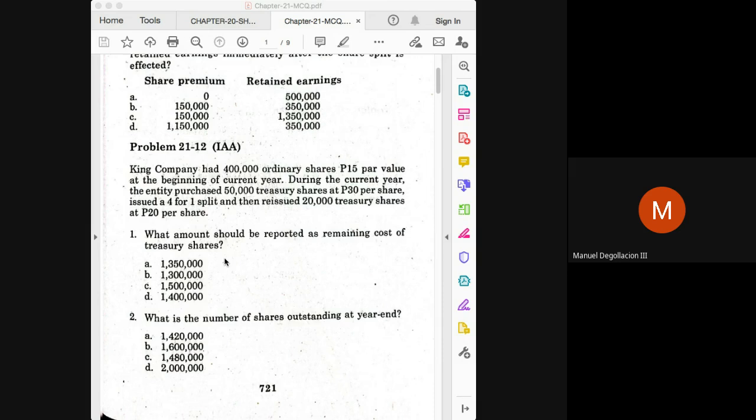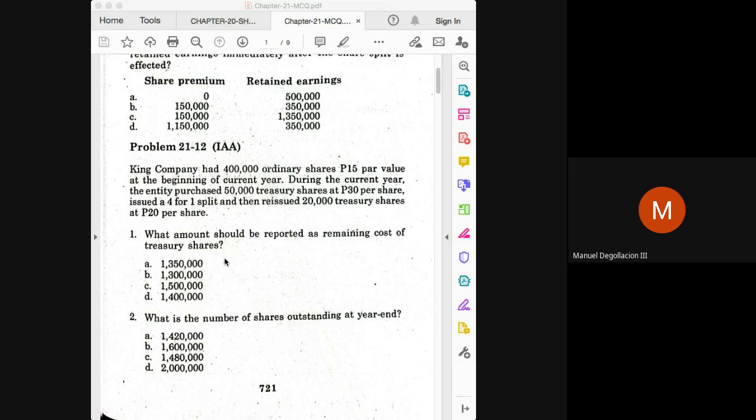So generally, either your issued shares will be equal to your outstanding shares, or your outstanding shares will be lesser than your issued shares.